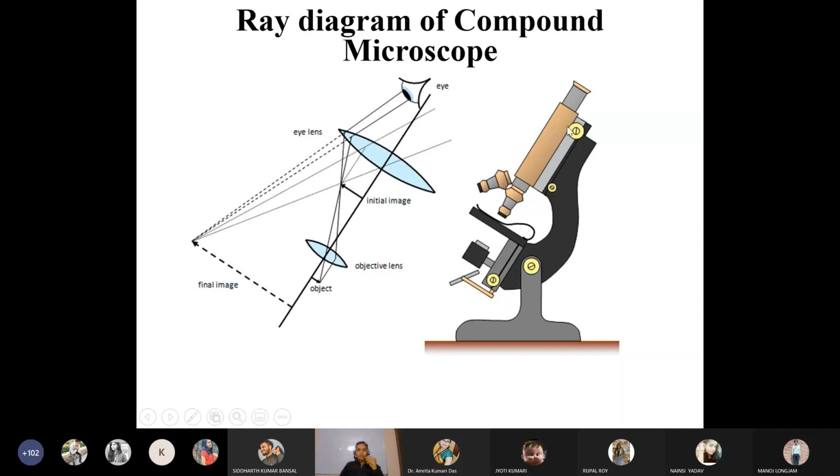So you need to adjust the lenses in such a way that the object is magnified 2 times. So when it is magnified 2 times, you will get a much more magnified image. And the magnification which you calculate is actually the multiplication of these two magnifications, I mean the magnification of these lenses.